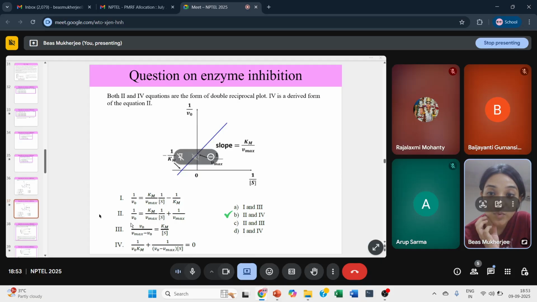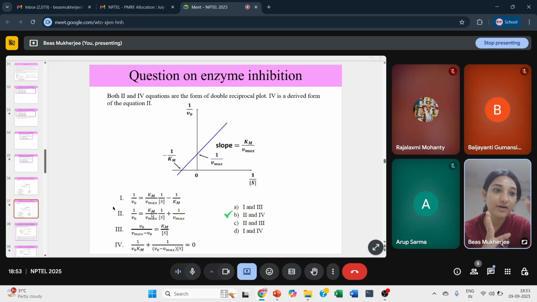So see, this is y is equal to mx plus c. That is your straight line equation, right? And c is the y axis intercept, that is 1 by Vmax. So this is the c. And y is equal to mx plus c, so m is Km by Vmax. That is the slope.